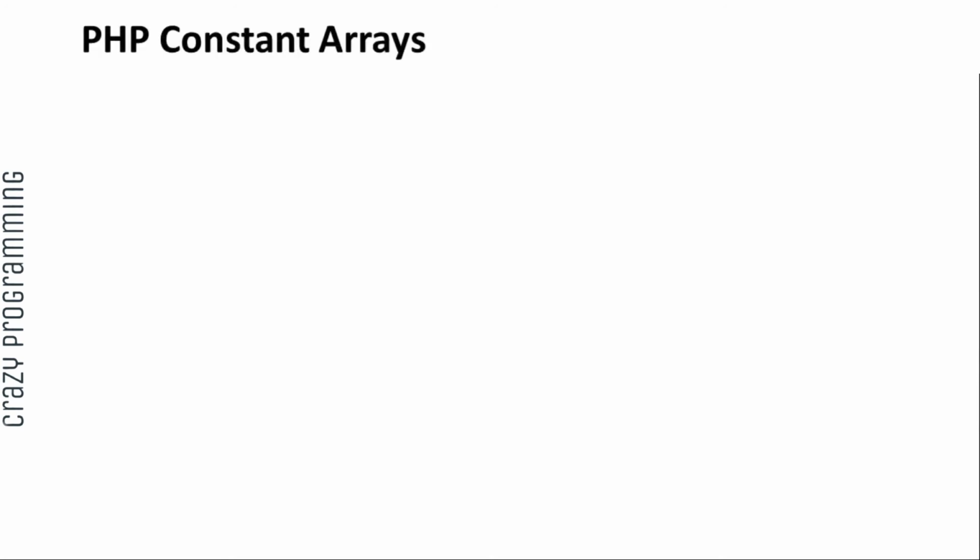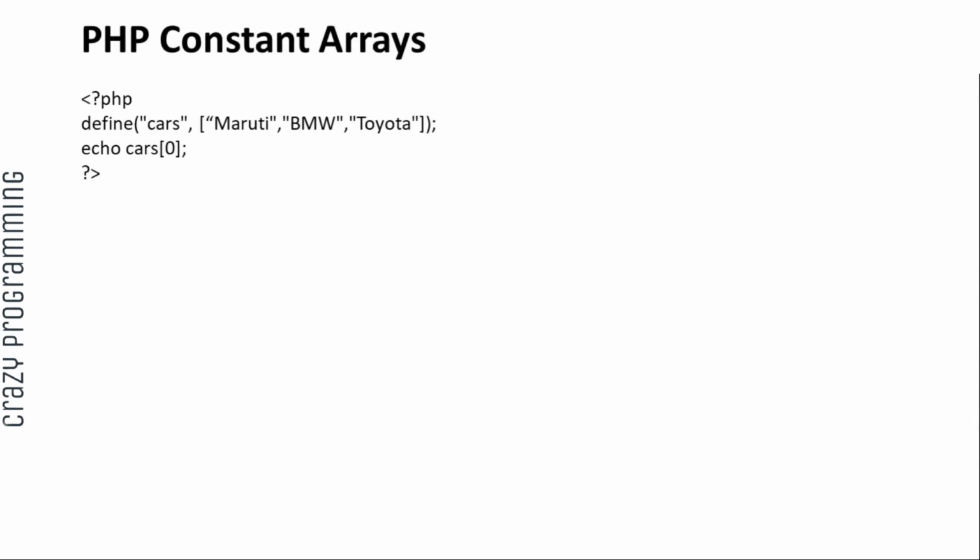Now, PHP constant arrays. This is an example of a PHP constant array. We already know the syntax of a PHP constant, that is define, the name and the value. So it also works like that. For the array we will use define, and inside define I use first cars as a name, and then the value which is in array format.